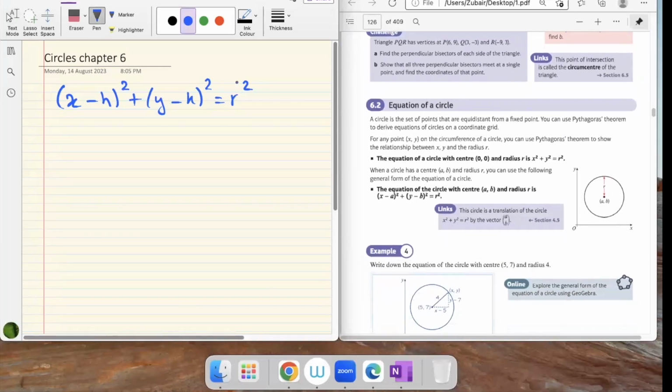The book is using a and b, so we'll do that: a, b.